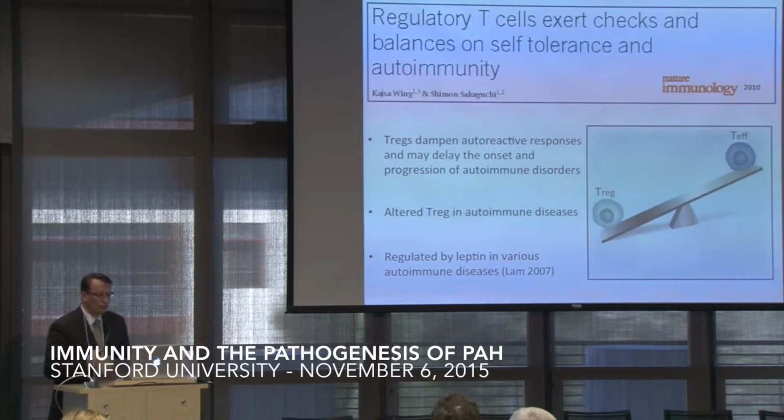So regulatory T cells. Marc has mentioned it. There will be a talk on that, but we know that Tregs are altered in autoimmune disease. When you have an autoimmune disease, there is less Treg activity, and we know that Treg activity can be regulated by different mediators, including adipokines such as leptin.